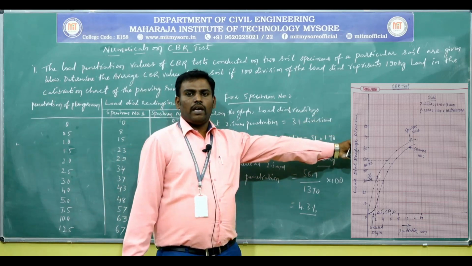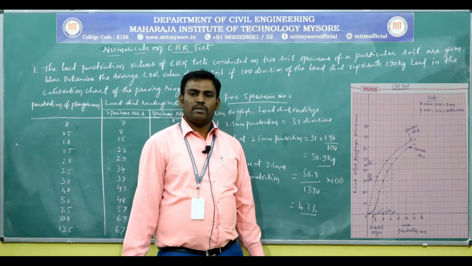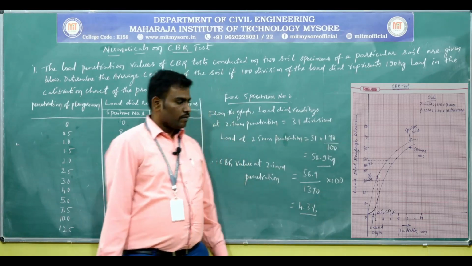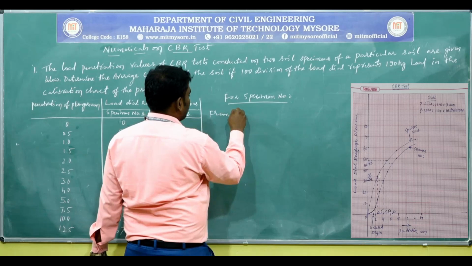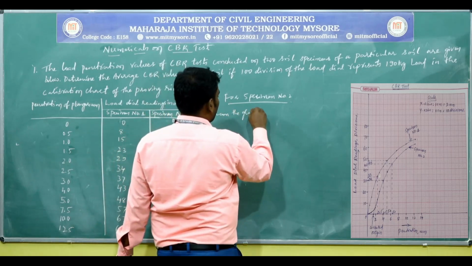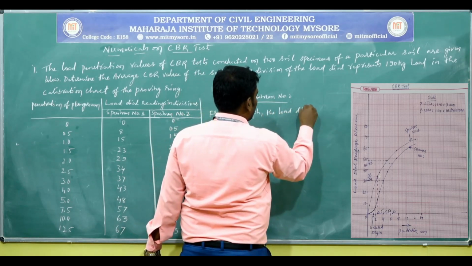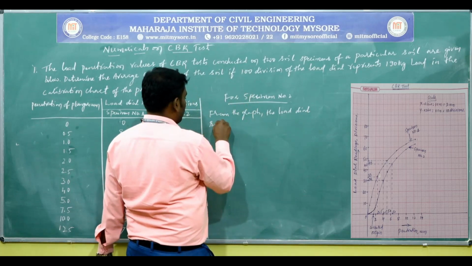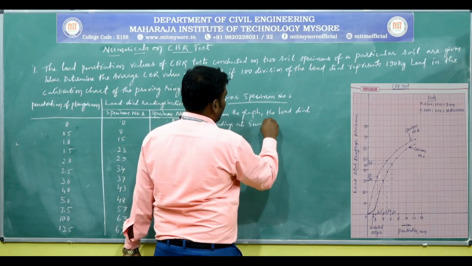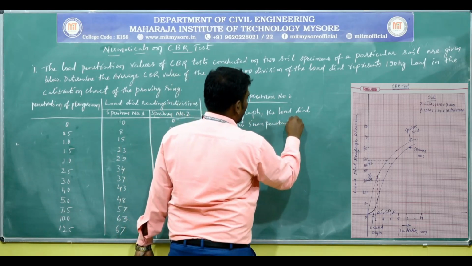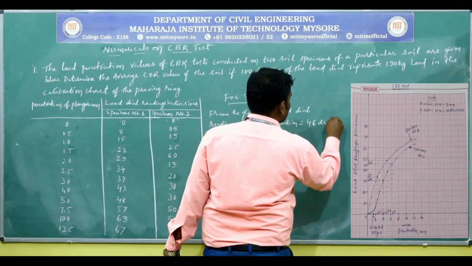Similarly, measure the load dial readings corresponding to 5 mm penetration from the specimen number 2 curve. From the graph, the load dial reading at 5 mm penetration is equal to 46 divisions.